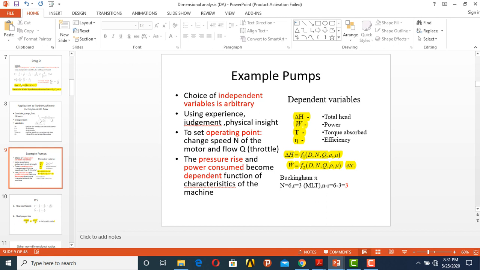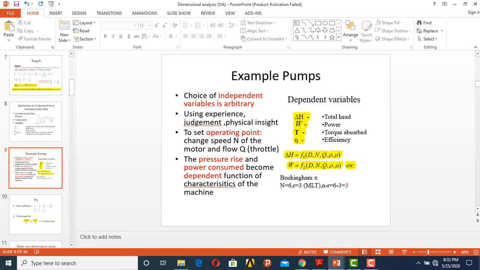As we are choosing these elements, one of them should have the machine property. In this case, for the pump, the machine property will be described by the diameter. And the other element that we ought to consider is the fluid property.